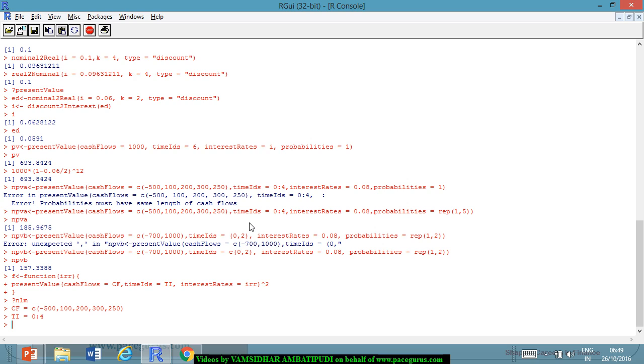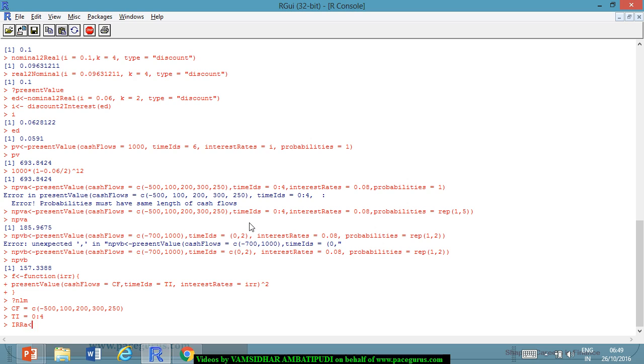So based on this, I can say IRR of the question A is nothing but, now I can very well use NLM, where the function that I am giving to this NLM is F, and I'm saying you start off with 0.01, which is 1% or something.